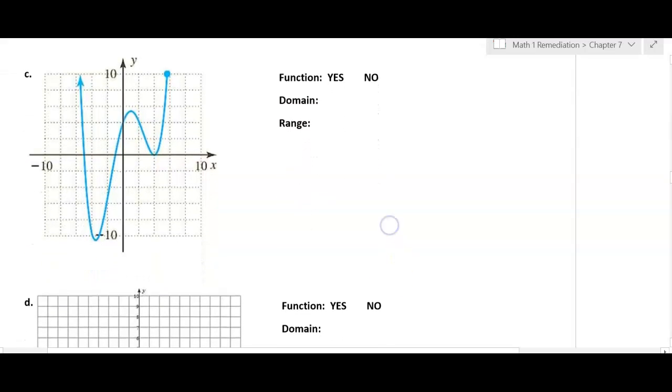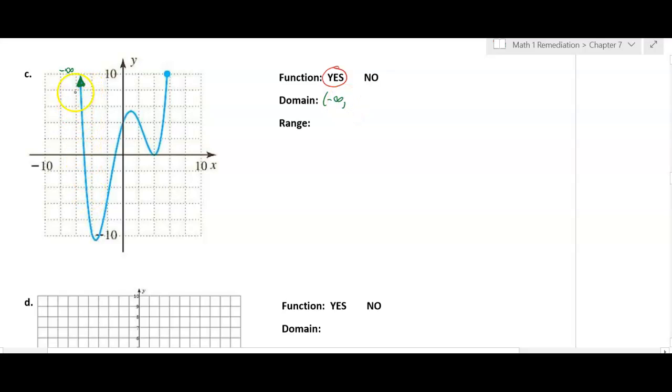Now here, does this graph pass the vertical line test? If I draw all these vertical lines, none of them intersect the graph more than once, so yes, it is a function. It passes the vertical line test. Now, when I go to find the domain and range, this arrow points to the left forever and ever, doesn't it? So if it points to the left forever and ever, isn't it going to start at -infinity on the left?